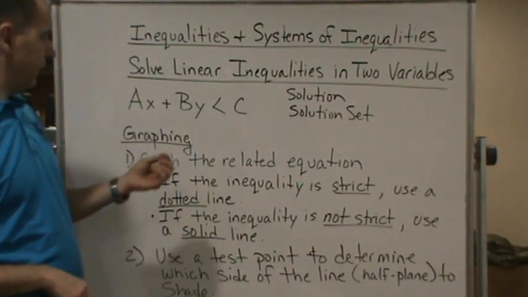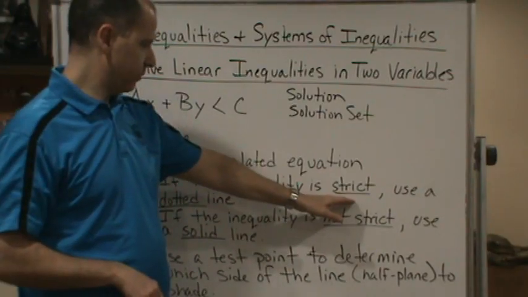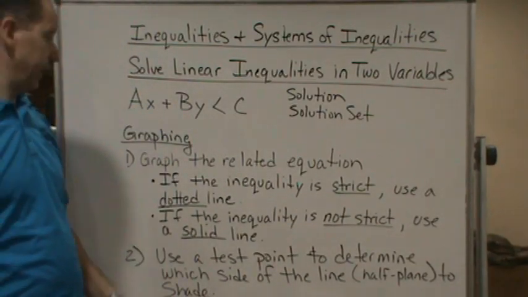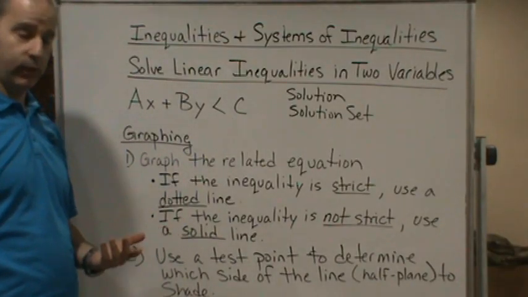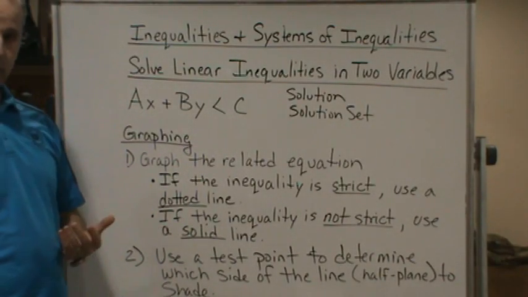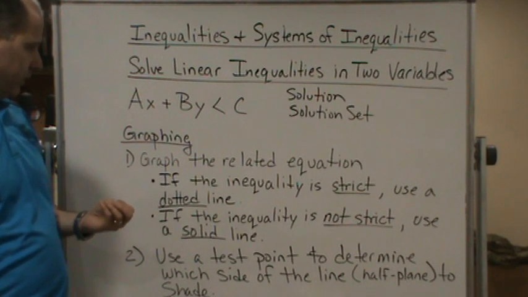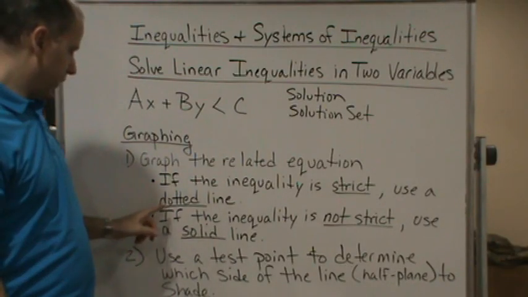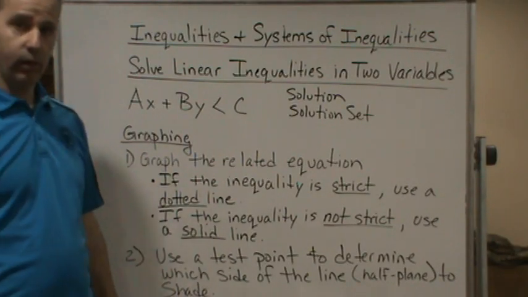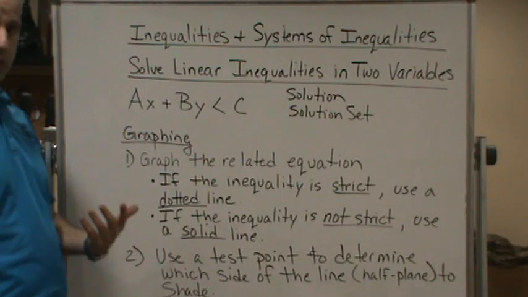Now, if the inequality symbol is strict, meaning that there's no equal sign, so either less than or greater than, we call that a strict inequality. If it is one of those two, then we would graph the equation with a dotted line, meaning that the line is not going to be included in our solution set.